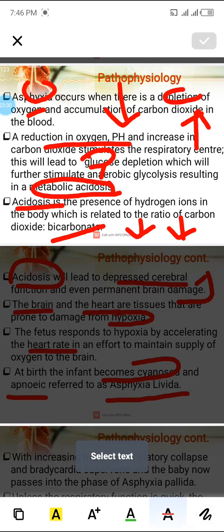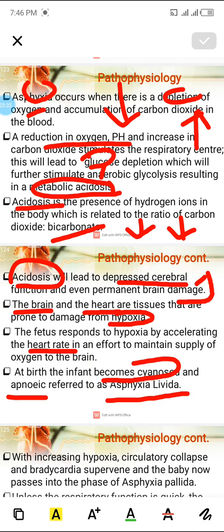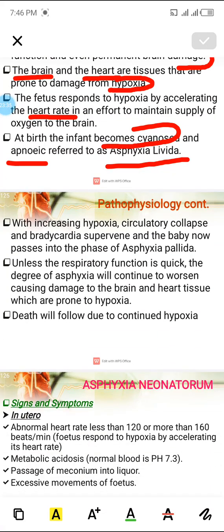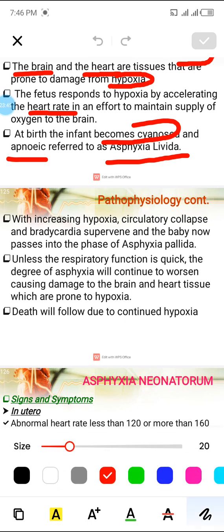Let's look at what goes on further. As this occurs, there is an increase in hypoxia, meaning that the body cannot sustain itself anymore. So there will be a bradycardia.